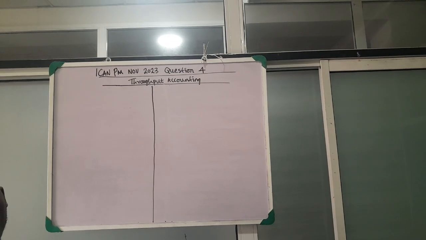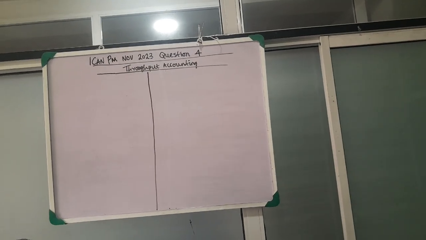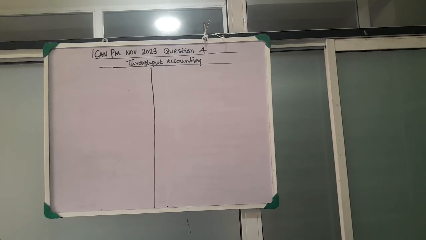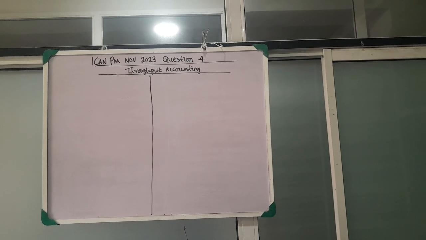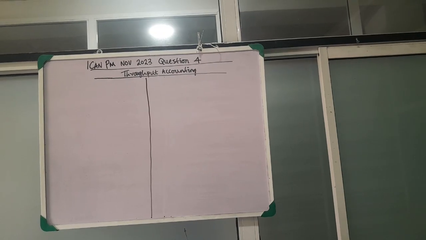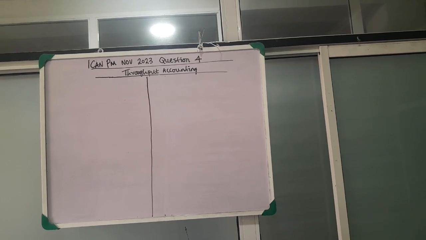Okay, so the A part of the question, as we read, is using marginal costing principles, calculate the mix in units of each model which will maximize net profit and indicate the value of the net profit.